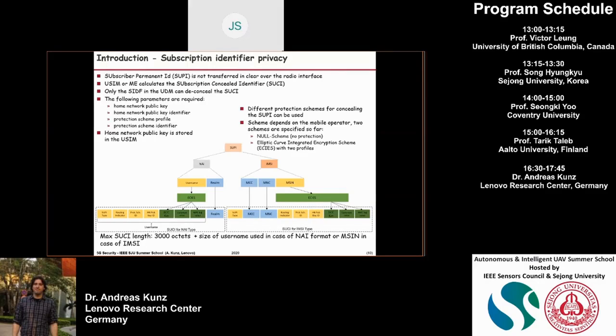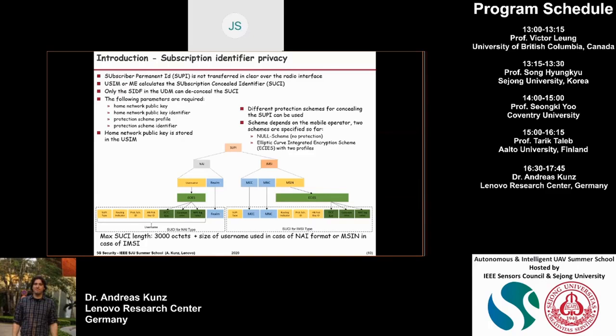The SUPI itself can now have two different formats. Before, in 4G and before, we always had this IMSI format, which had the mobile country code and the mobile network code for routing, and then you had the mobile subscriber identification number. So this number is now concealed with the public key, and then appended with the parameters to the MCC and MNC.